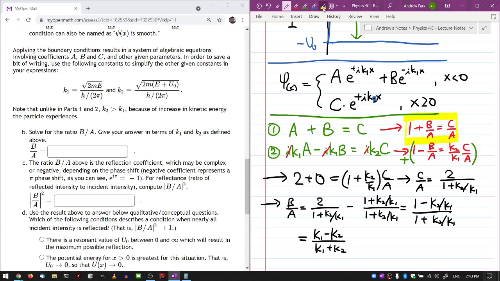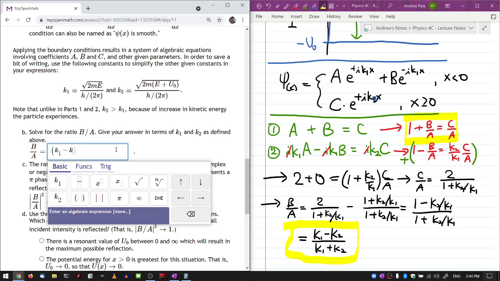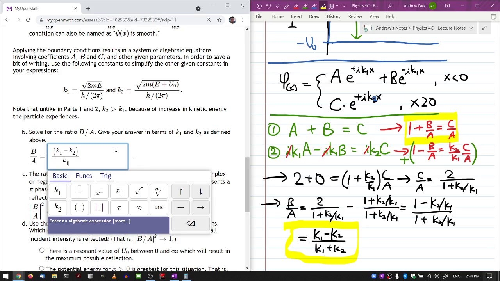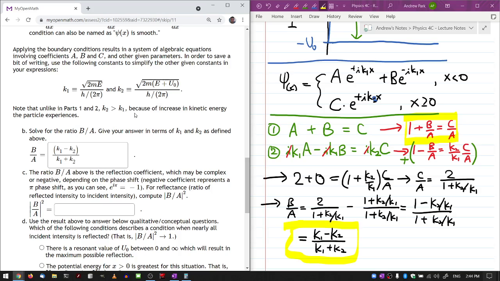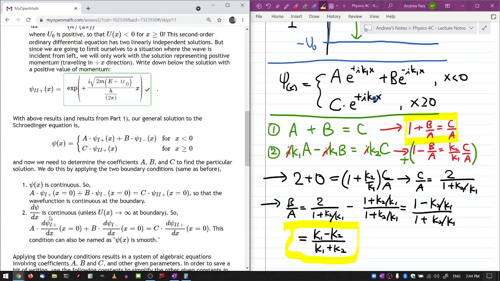Superficially, it might look like nothing has changed from part 1. And in some sense, you're right. B over A is really the same algebraic expression that it was before. This is what has changed. In part 1, I made the remark that B over A is positive. Take a look here.